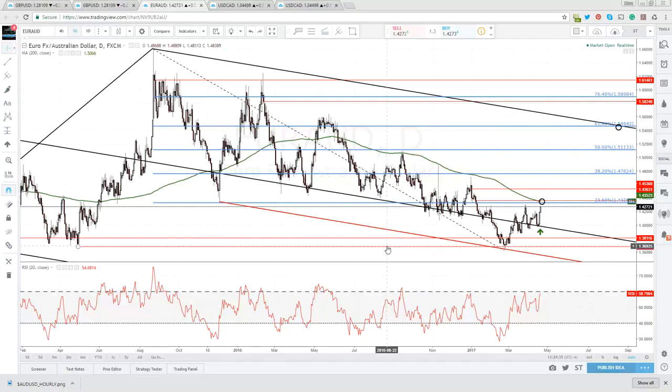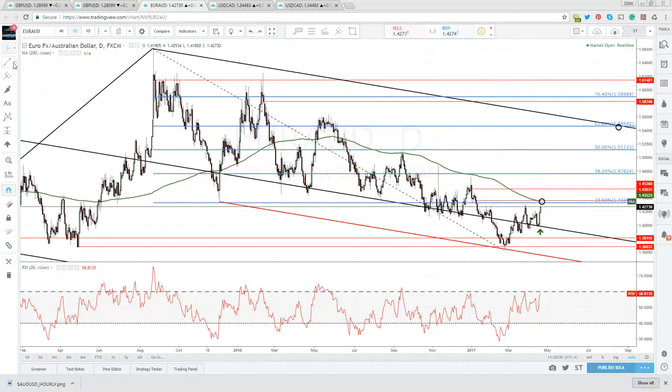I would watch 43.63 to get out of any longs for now, and then a pullback, maybe 41.85.90. That would be nice.